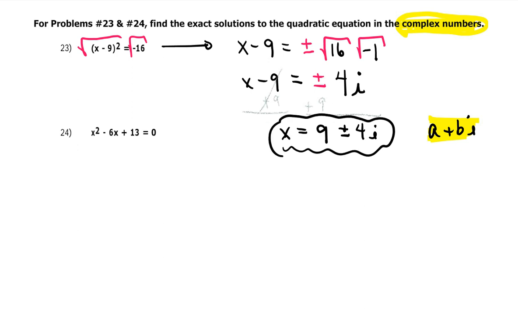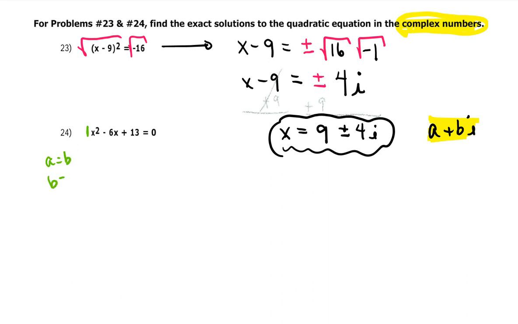Now, number 24, you're going to have to use the quadratic formula because it's not factorable. I've not taught you how to complete the square, so we can't use that method. You've got to use the quadratic formula. And so on this one, your a is a 1.